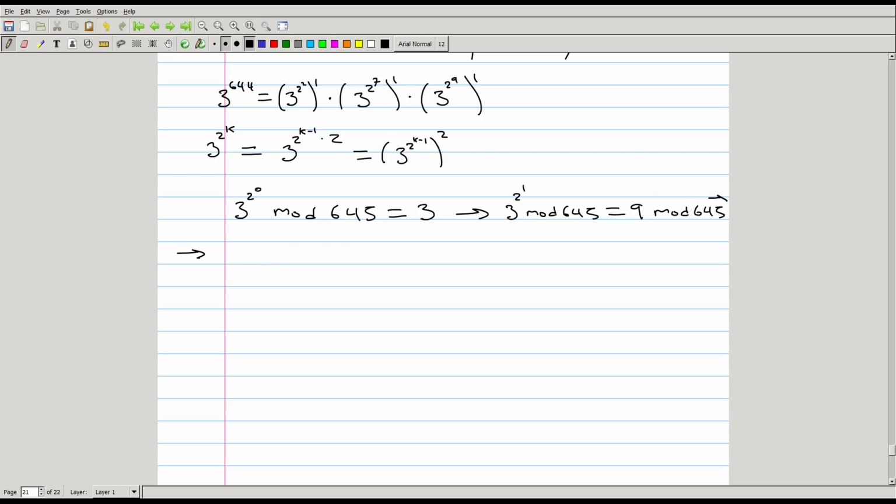And so if we continue on, we then have that 3 to the power 2 to the power 2 mod 645 is going to be equal to 9 squared mod 645, or 81.